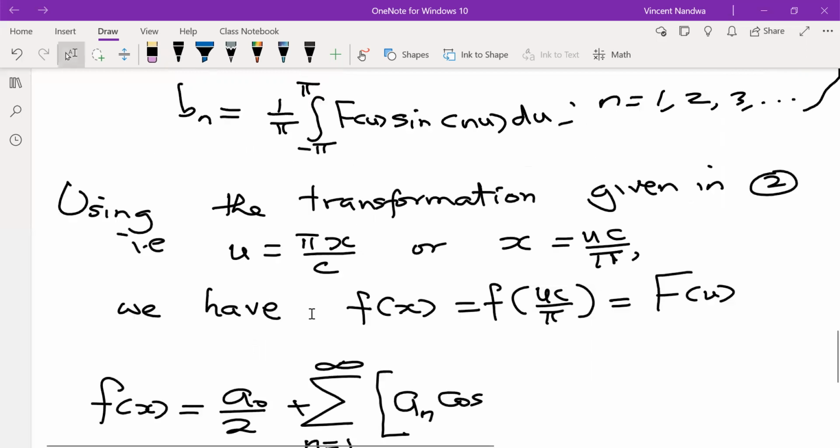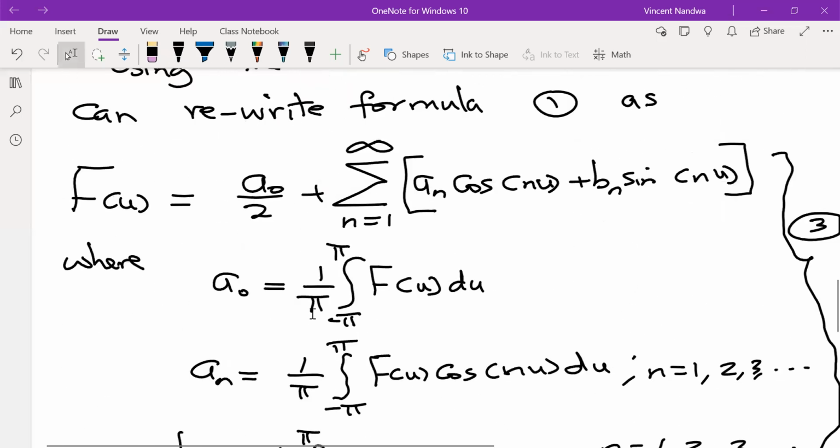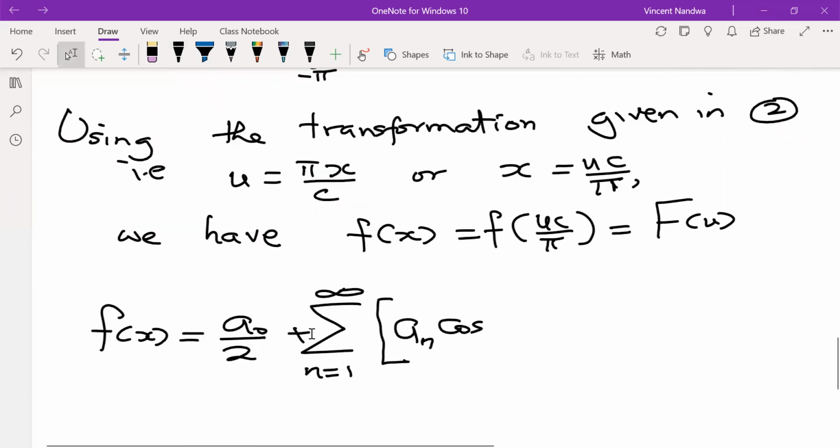So remember, we have here cosine of n times u, but u itself is given by pi x over c.